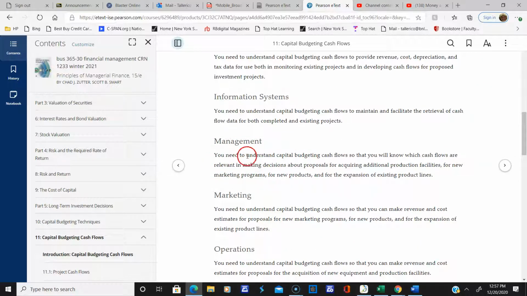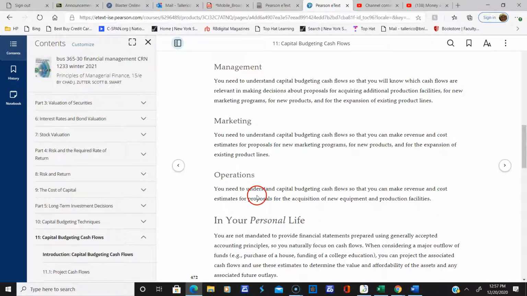You need to understand capital budgeting cash flows so you will know which cash flows are relevant in making decisions about proposals for acquiring additional production facilities, for new marketing programs, for new products, and for the expansion of existing product lines. And basically, you need to understand capital budgeting.